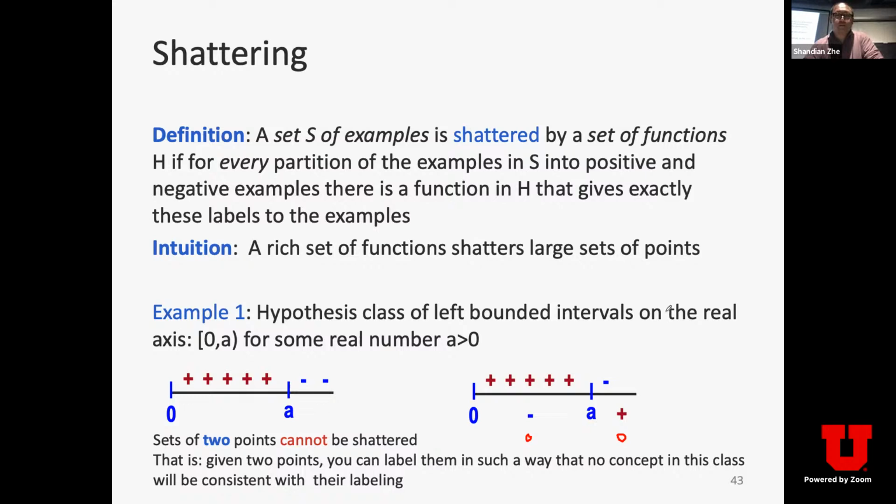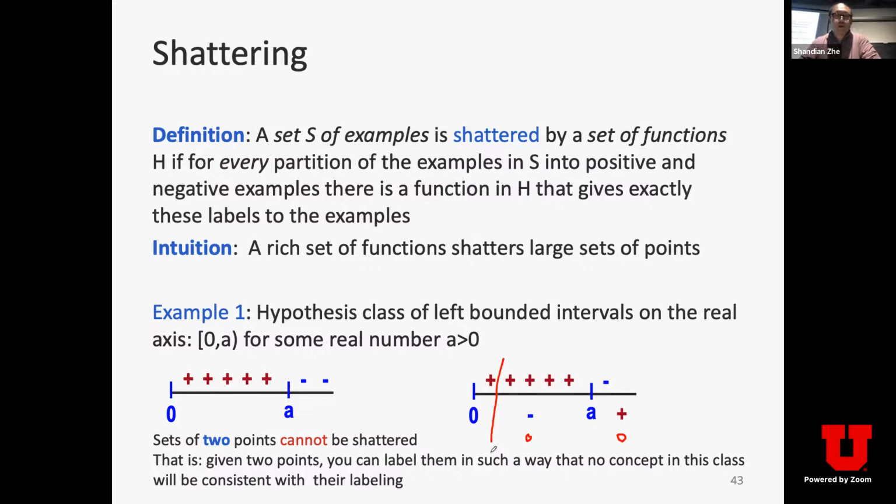If I put A to the left of the left point, then both points are classified as negative, so we make one mistake.